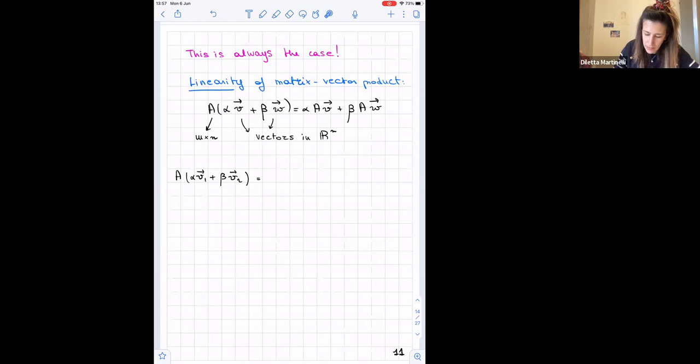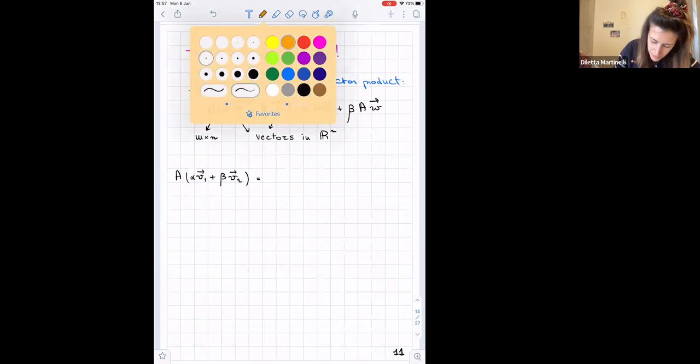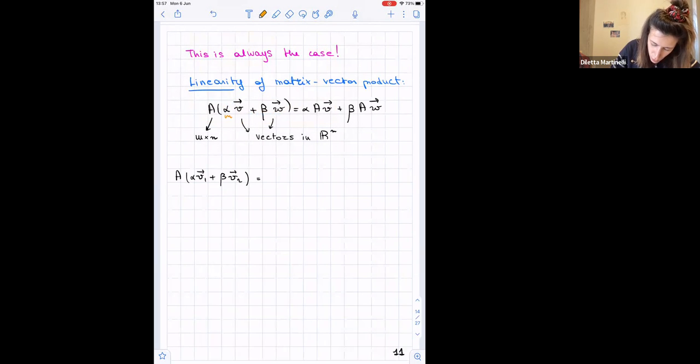So alpha and beta here are scalars, just real numbers. Is it the same if we first do the linear combination and then multiply by the matrix A, or if we apply the matrix A to the vectors and then take a linear combination?